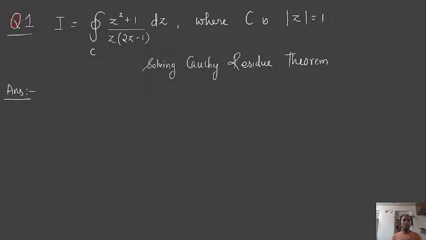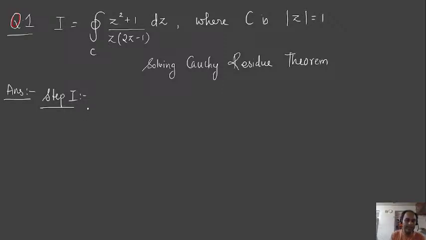Okay, so we are using the Cauchy residue theorem now, and let us see how it works. First step over here, you have to make the denominator equal to 0, and you have to know where the function becomes not defined.